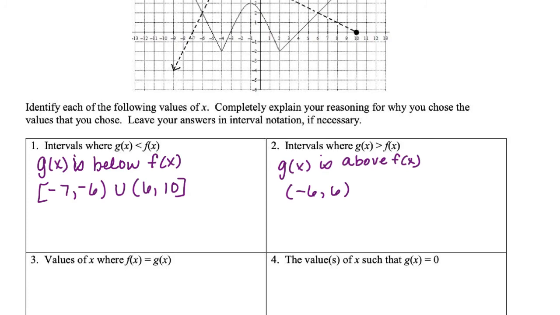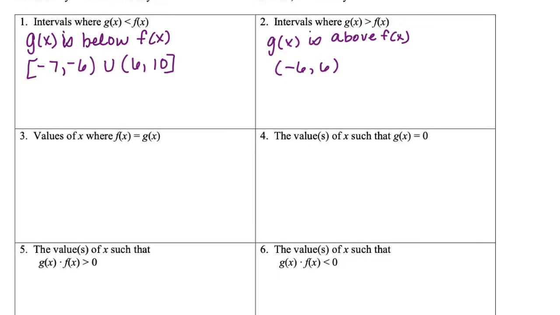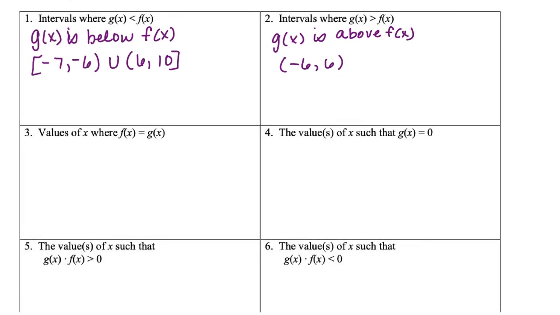Okay, moving on. Here the values where f of x equals g of x. In other words, f of x and g of x intersect. That's what's going on with those two.